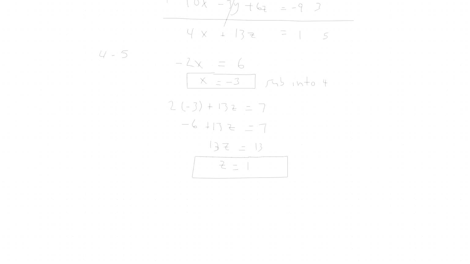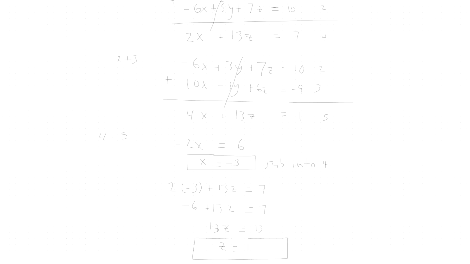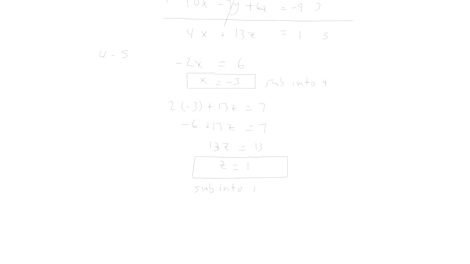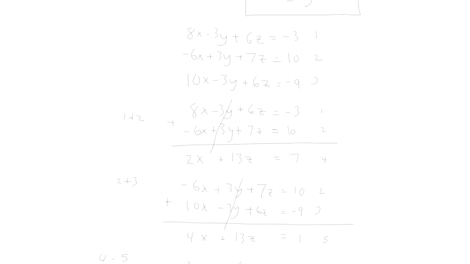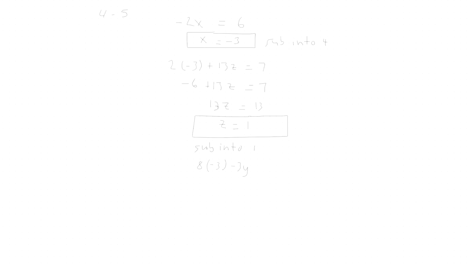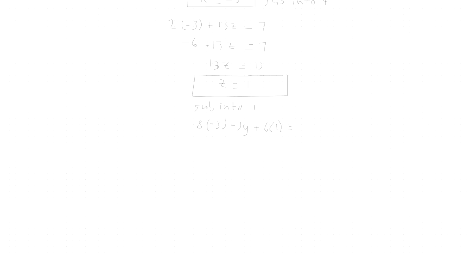Now we're going to substitute those two into, say, equation 1. So 8 times negative 3 minus 3 times y plus 6 times 1 equals negative 3. 8 times negative 3 is how much?